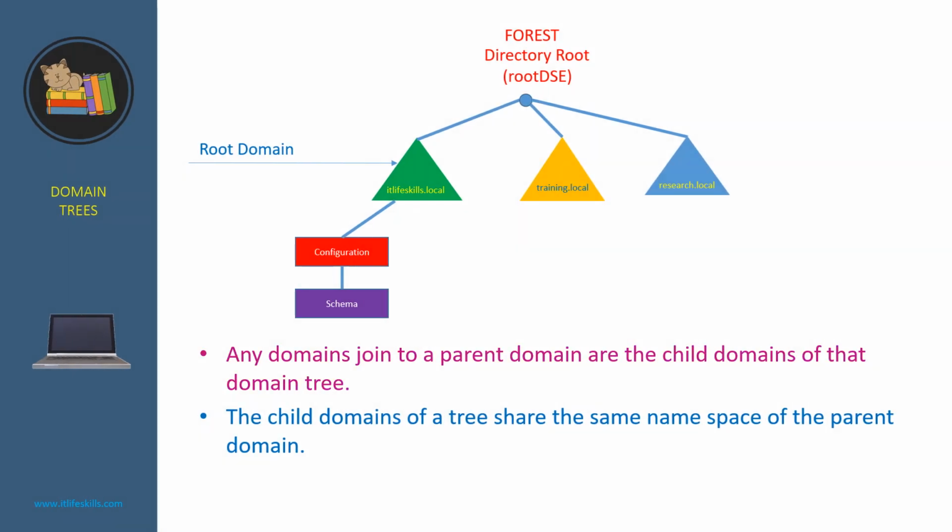Any domains joined to a parent domain are the child domains of that domain tree. The child domains of a tree share the same namespace of the parent domain. For example, when we add the domain euro to itlifeskills.local domain, so euro is the child domain of itlifeskills.local domain, and it has the namespace as euro.itlifeskills.local.